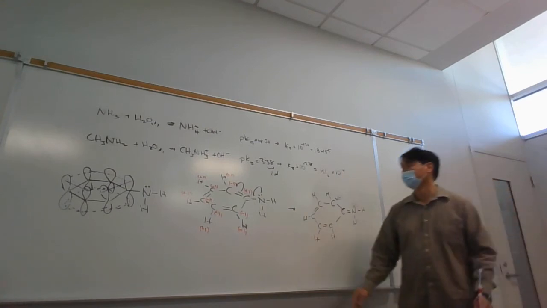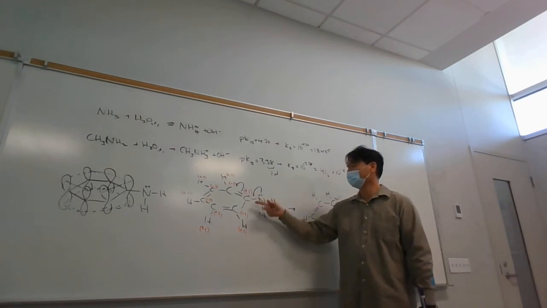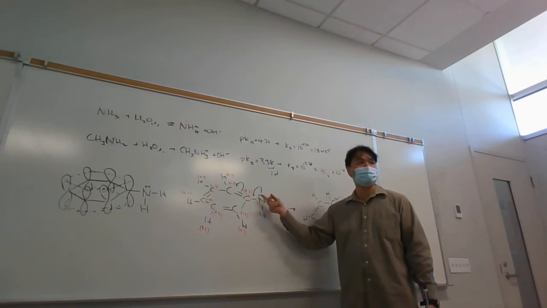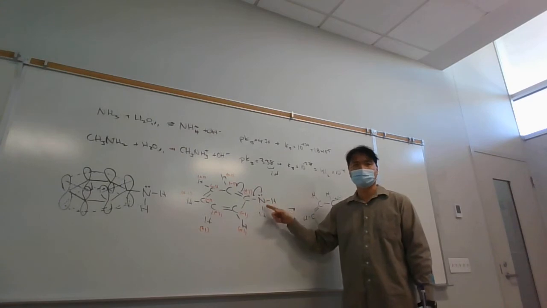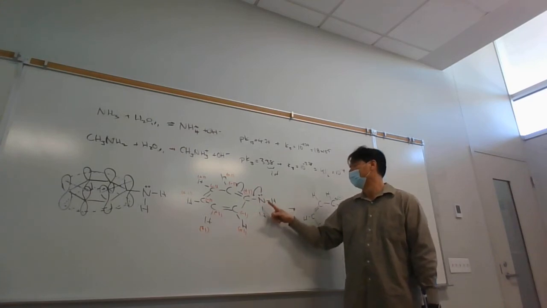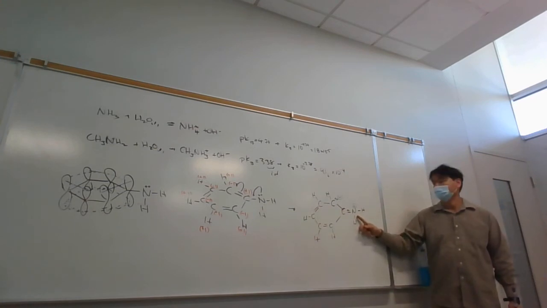It's sp3. sp3, four groups. This is going to be tetrahedral. Trigonal pyramidal is the molecular geometry. Tetrahedral is the electron geometry. Tetrahedral electron geometry requires sp3 orbitals. And so this is sp3 hybridized. Then it switches to this hybridization. What's this hybridization?